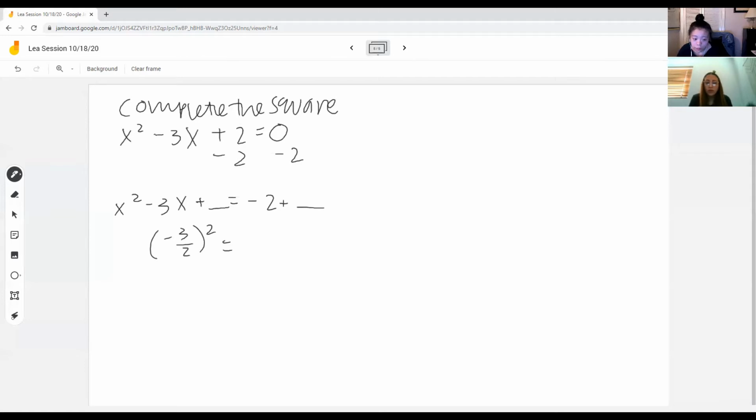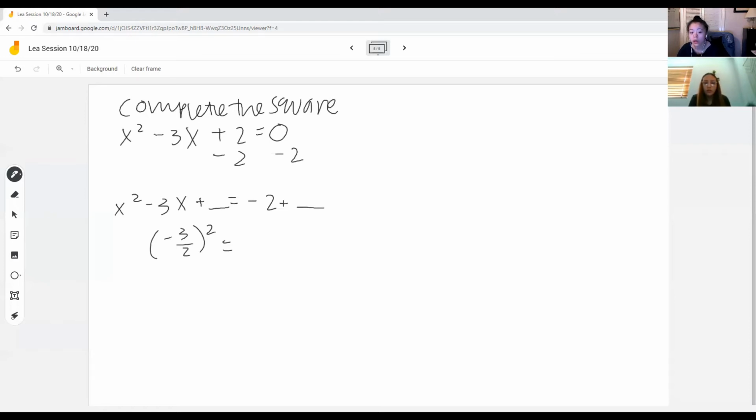Wait, what would 3 over 2 simplify to? 3 over 2 doesn't simplify. So you just have to square it. Wait, how would you square a fraction?